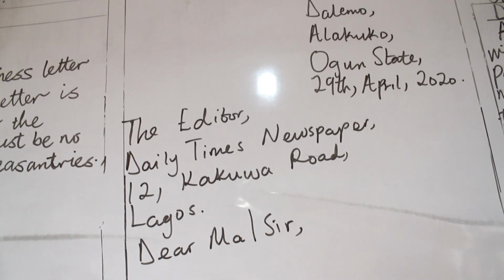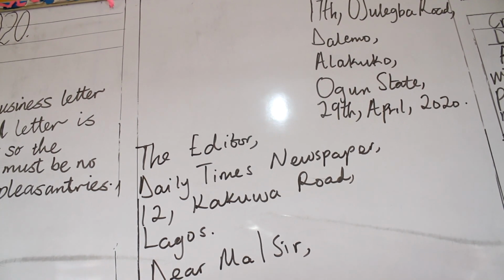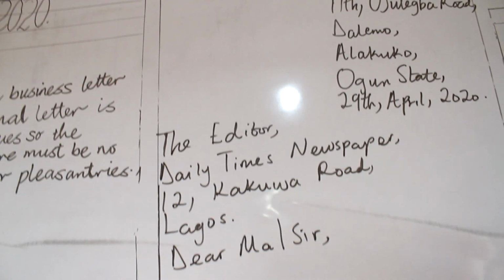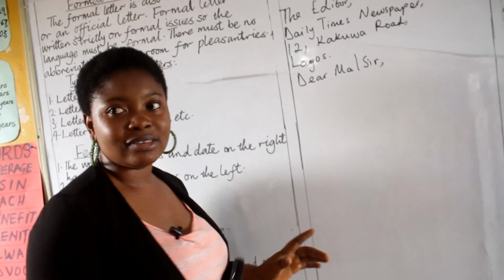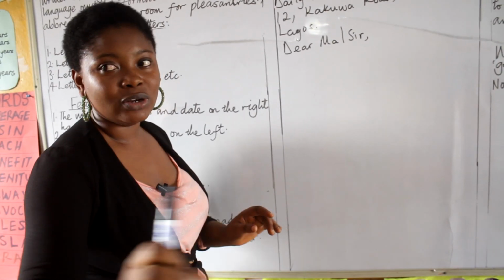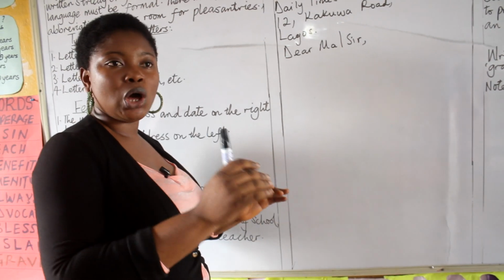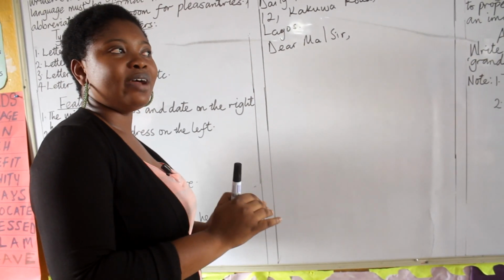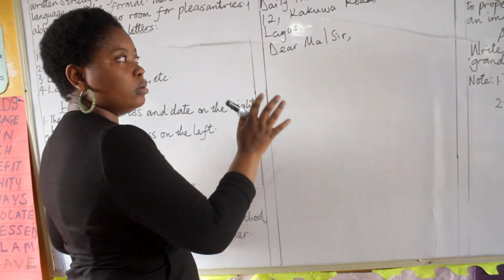Then you move on to the heading. Now this heading is of two ways. It is either you write it in bold or block letters, or you write it in small letters and you underline.